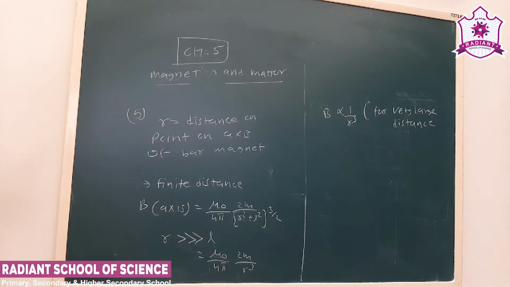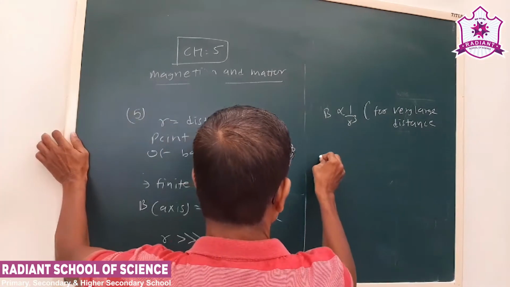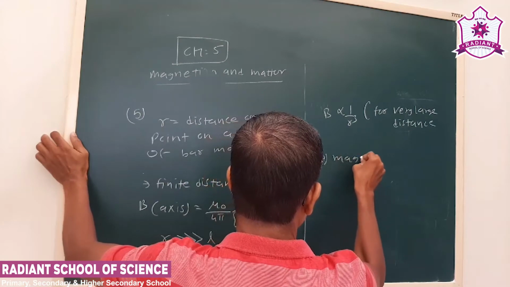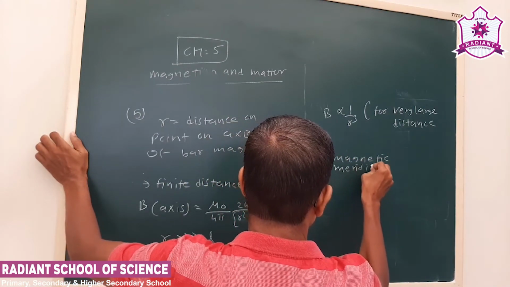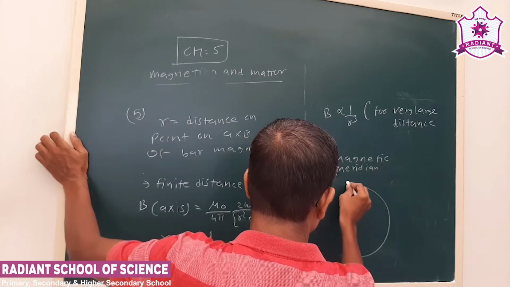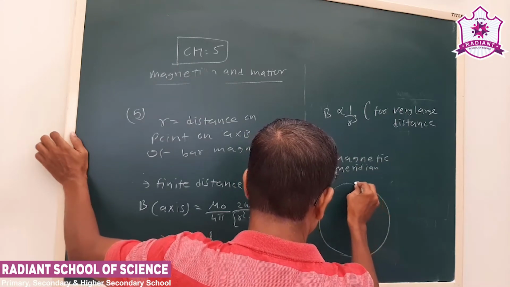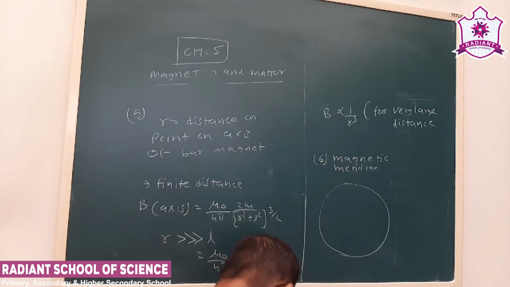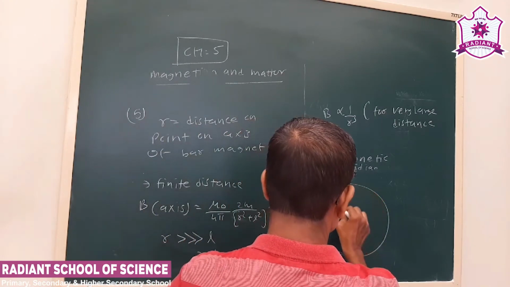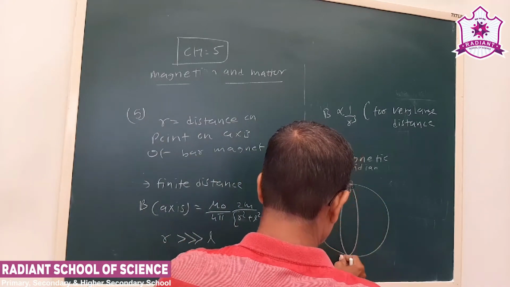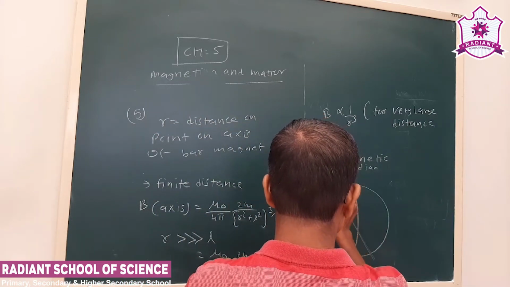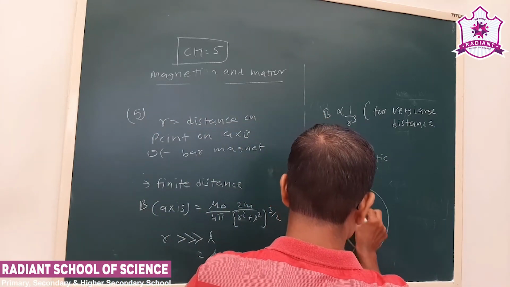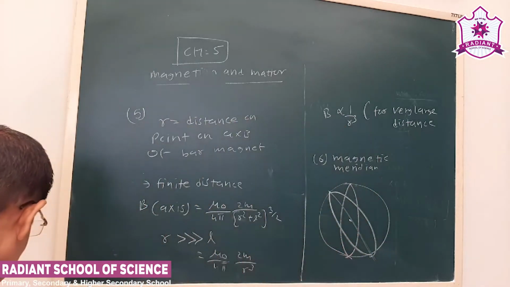Okay, now see, next MCQ is, what is magnetic meridian. Now see, this is our geographic meridian. We have seen in the theory, this is our magnetic meridian.